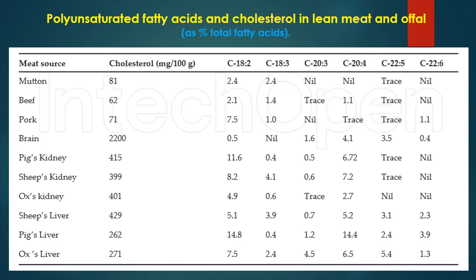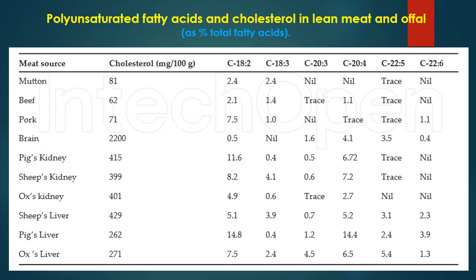Then we see C18:2, C18:3 and C20:3. These are the linoleic, linolenic and arachidonic acids. These are the polyunsaturated fatty acids. In case of C18:2, it is a little higher only in kidney and liver, whereas in other meat it is somewhat okay.